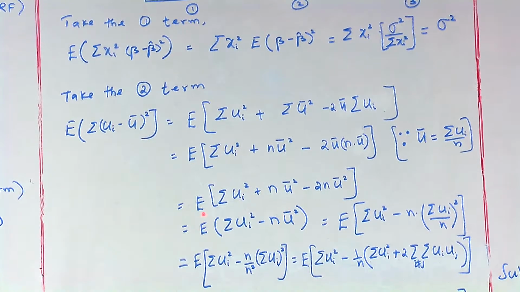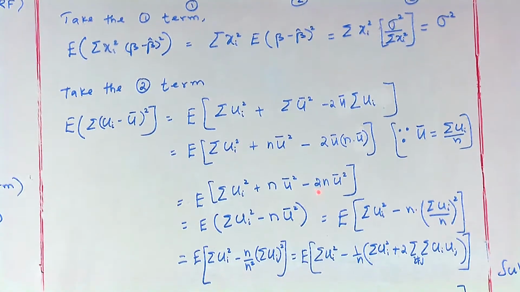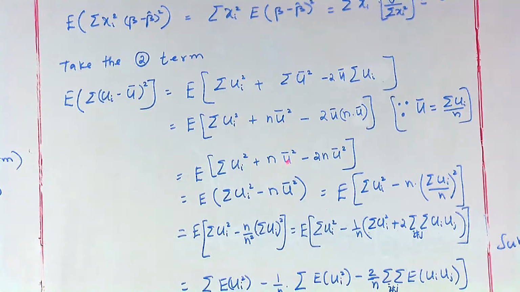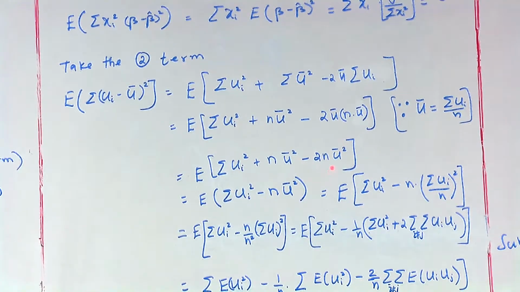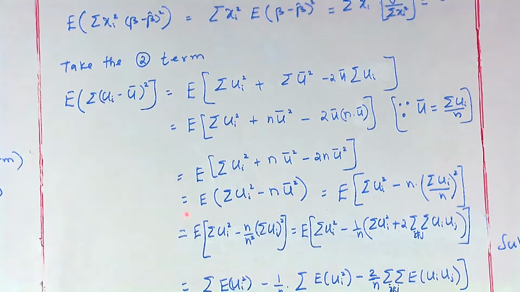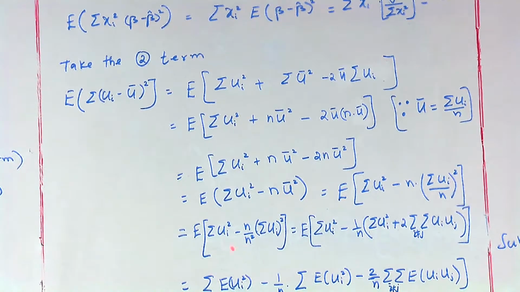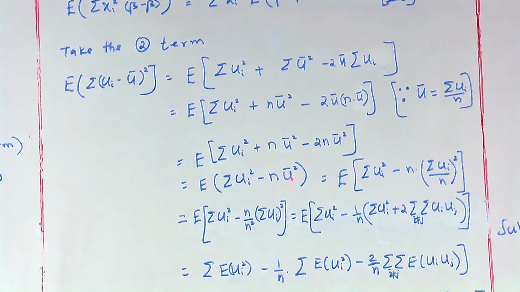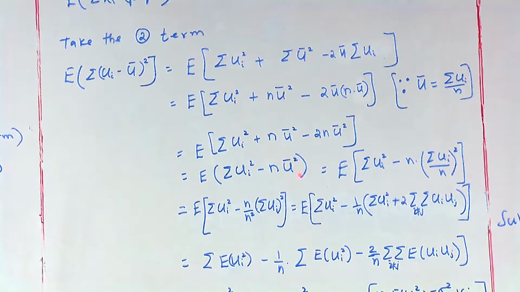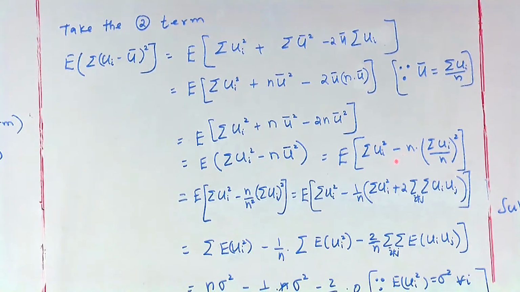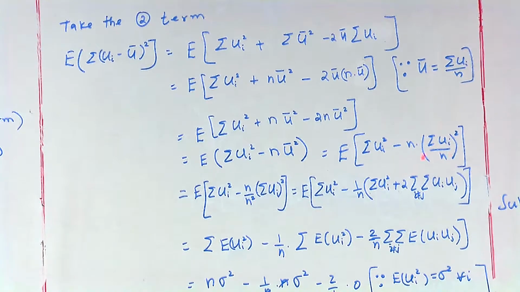Expectation of Σui square plus n ū square minus 2n ū square. Now we may reduce: this is n ū square, and this is 2n ū square, and by cancelling we get minus n ū square. So this is the expression we derive. Now we know ū is nothing but Σui by n, so we substitute this value, and this term is expanded.